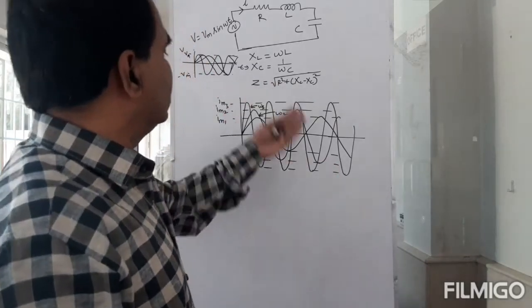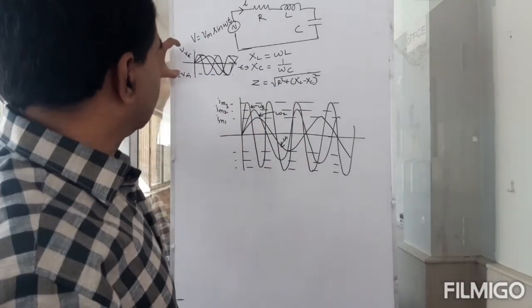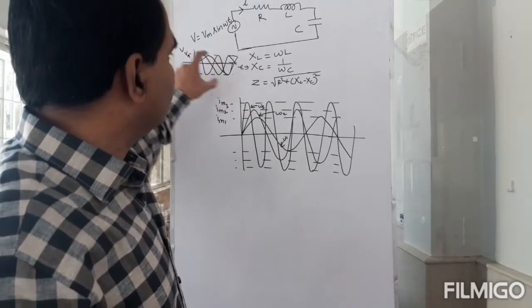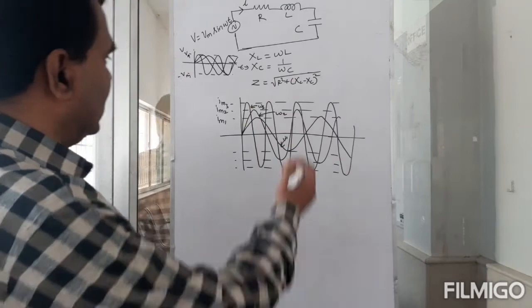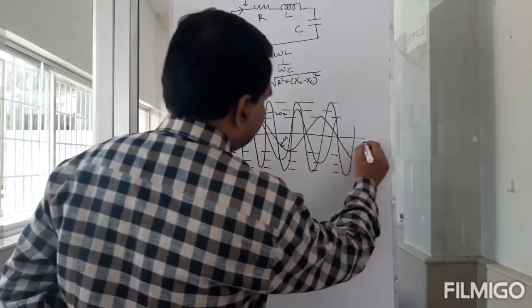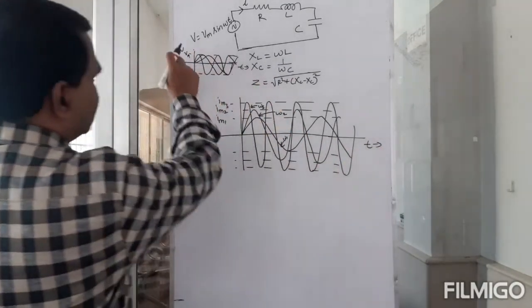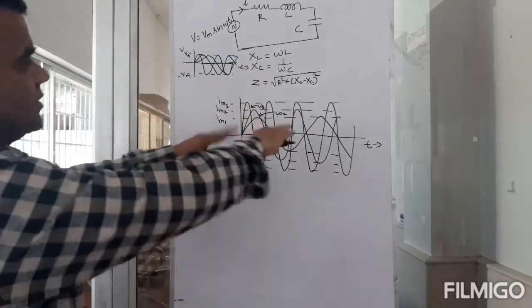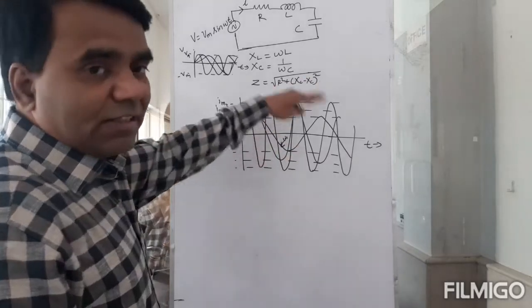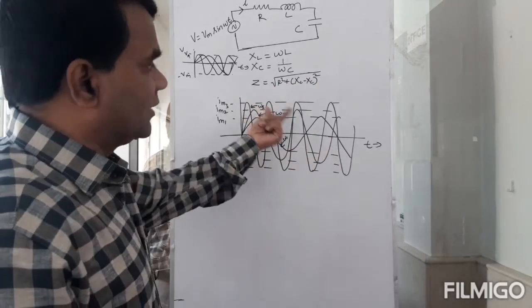So for different frequencies, for the same input voltage, I can get different currents in the circuit. Here it is I versus time. So like the voltage versus time graph, this is the current versus time graph. So you can see that the graph contains different frequencies.